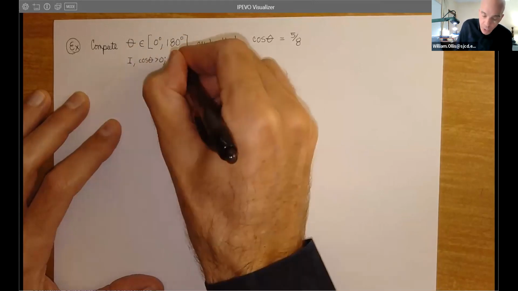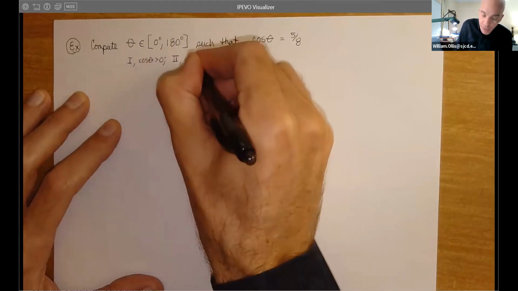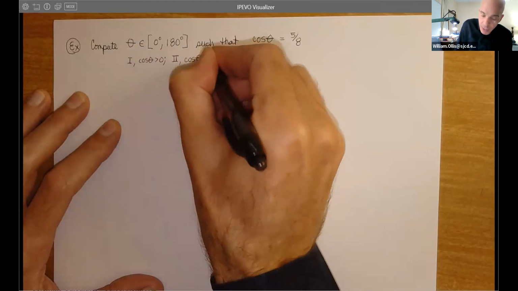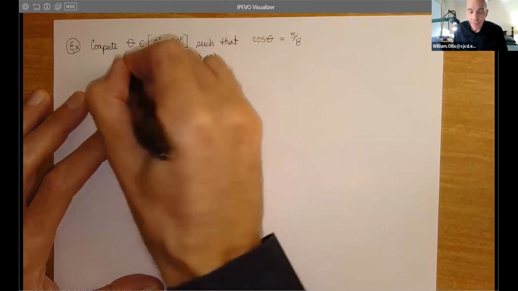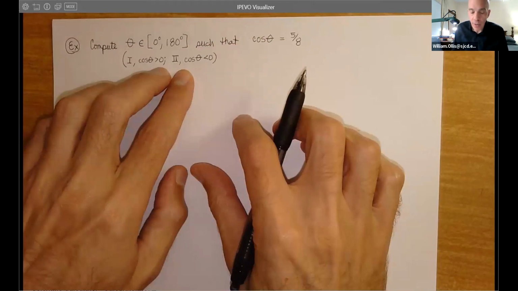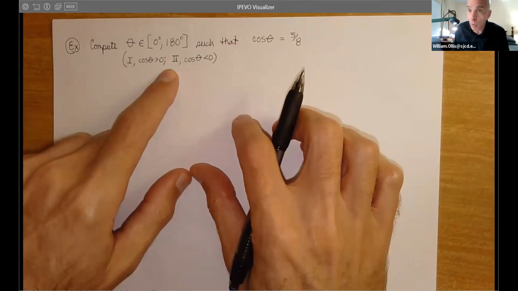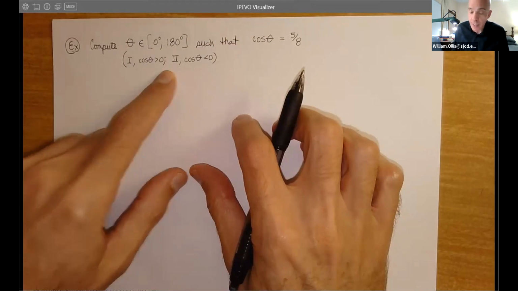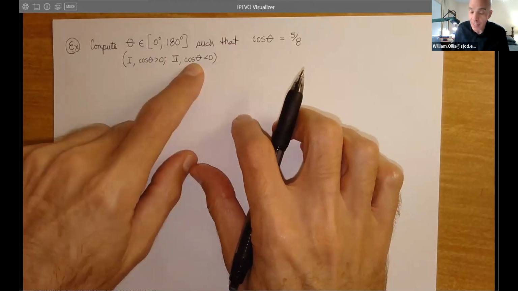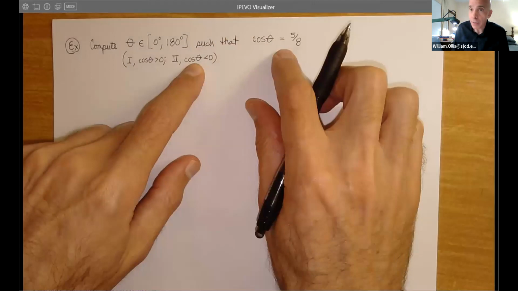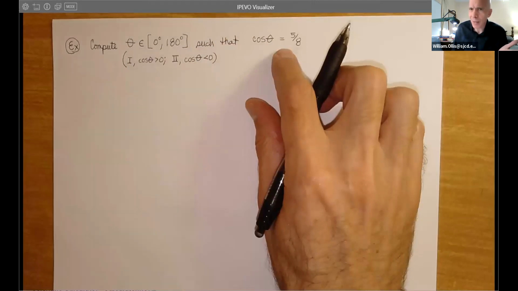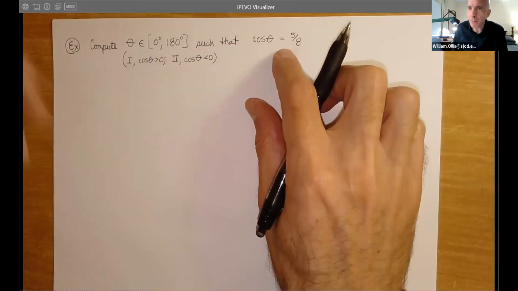In quadrant 2, the cosine theta or the x is less than 0. So if we're looking for a solution here, we would know that there would only be one, because in the second quadrant, the cosine is negative. It's clearly positive here. So we're like, okay, we're done with this. We don't even have to think about it.